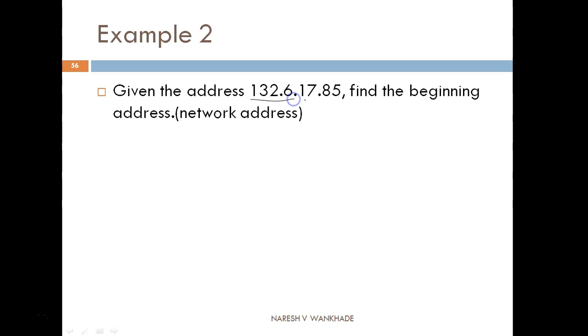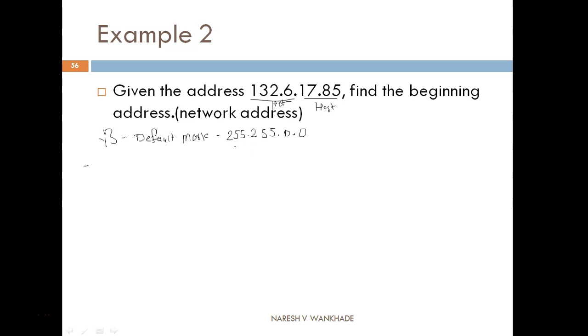This address belongs to class B. Class B. This first 2 byte is of network ID and this 2 byte belongs to host ID, as the class of address is B. Default mask for class B is 255.255.0.0.